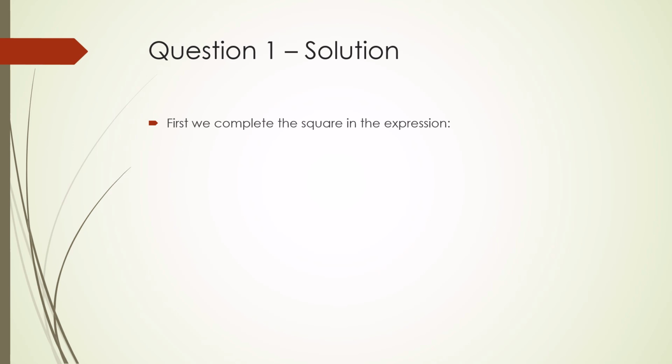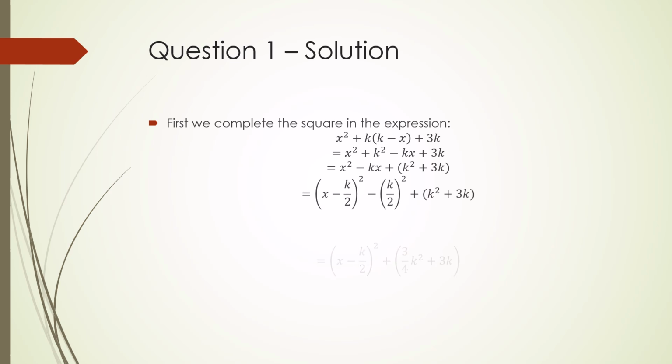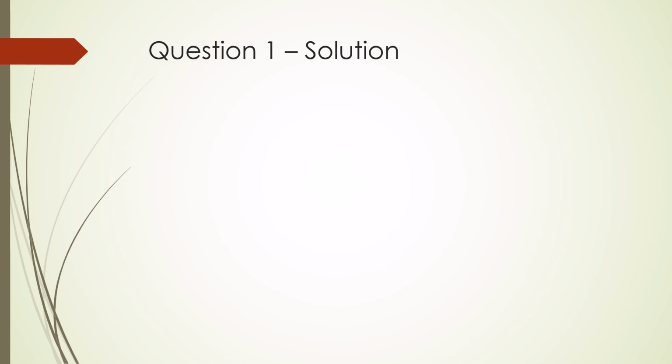We first complete the square in the expression given, and after doing some algebraic manipulation, we end up with this. This equation shown here is the equation given in the question but expressed in a completed square form.